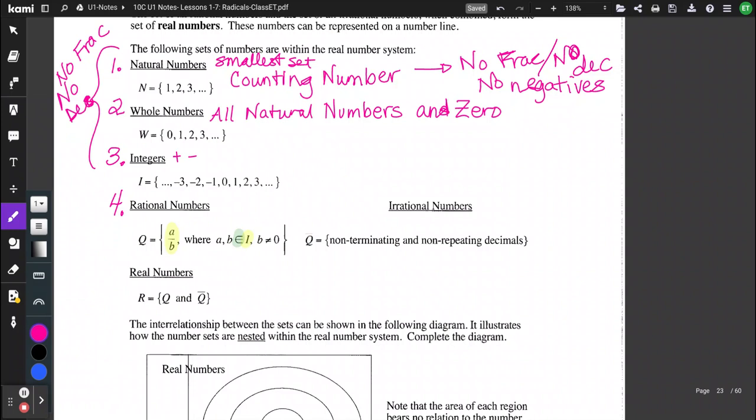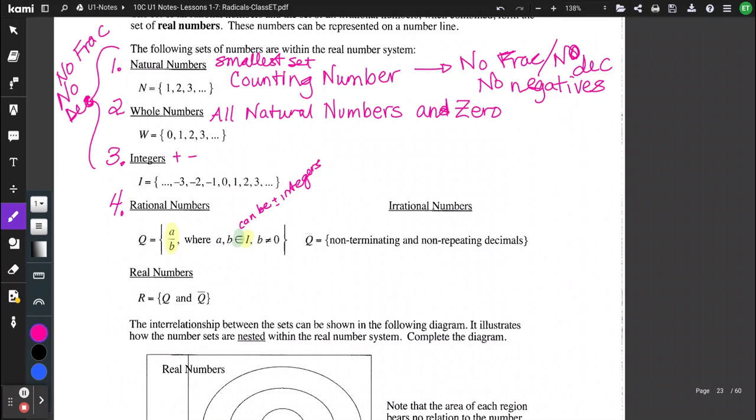So that means a and b are in the set of integers. They can only be integer numbers, no fractions, no decimals, but they can be positive or negative.